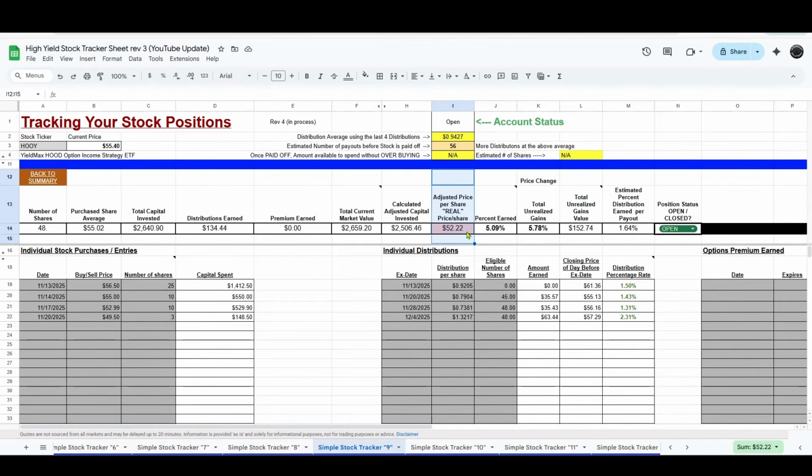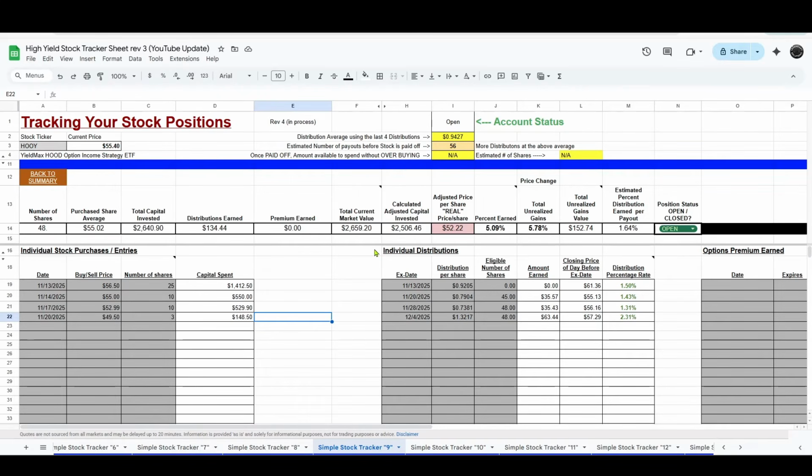And all that means is if I were to sell all the shares at the current price, I will still make money. And currently, if I were to do that, I would make $152. Not too bad for not having this ETF even a full month yet. So I'm pretty happy with this one and glad I did jump in.